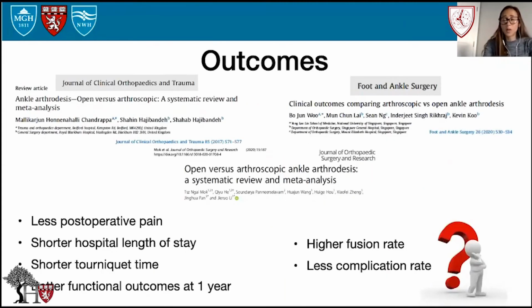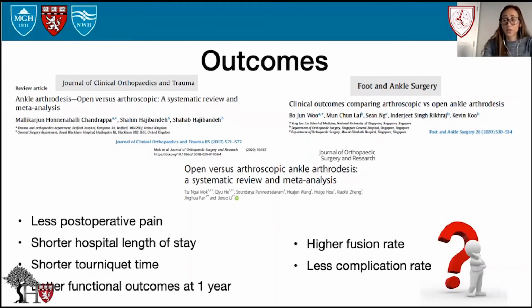Now, when we talk about the comparison between open versus arthroscopic approach, what the evidence is showing us is more leaning towards the arthroscopic approach. What has definitely been shown in multiple studies is that patients experience less postoperative pain.